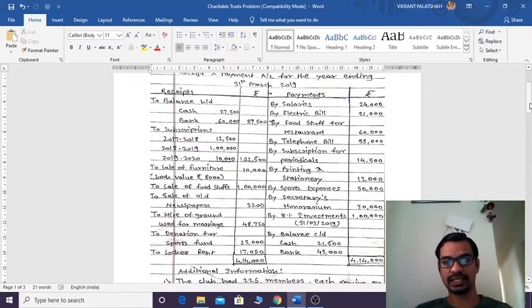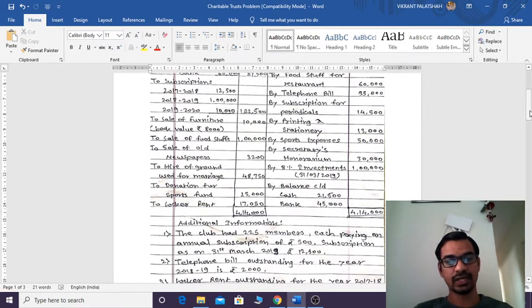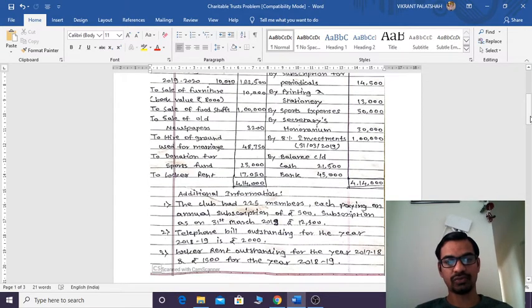And the last one, by balance carried down, the closing balance: cash 21,500, bank balance 45,000, and total 66,500. Therefore this account goes for both sides with the total 4 lakh 15,000.